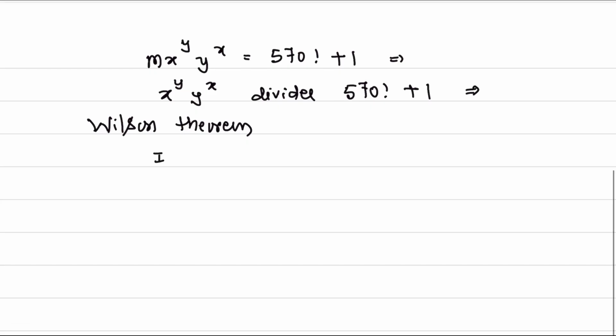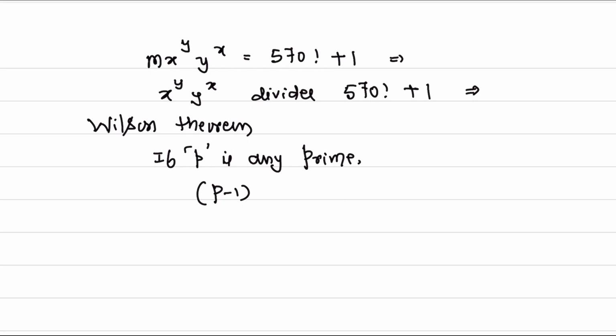If p is any prime, please listen to me carefully, then p minus 1 factorial plus 1 is divisible by p.